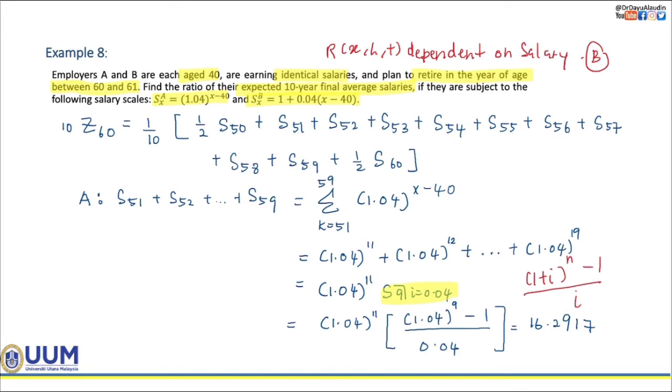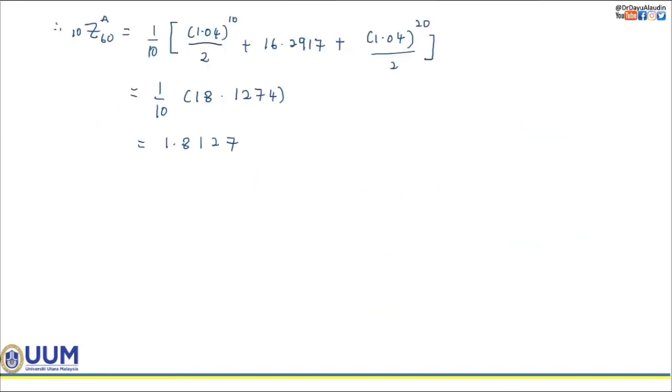So then we get 16.2917. Therefore, we can substitute in the formula for the middle and we get 1.8127.